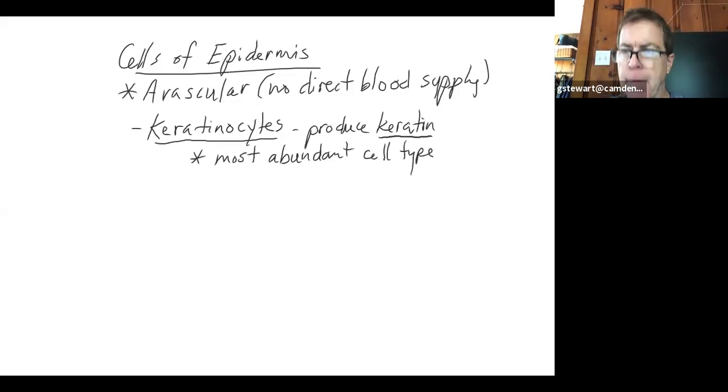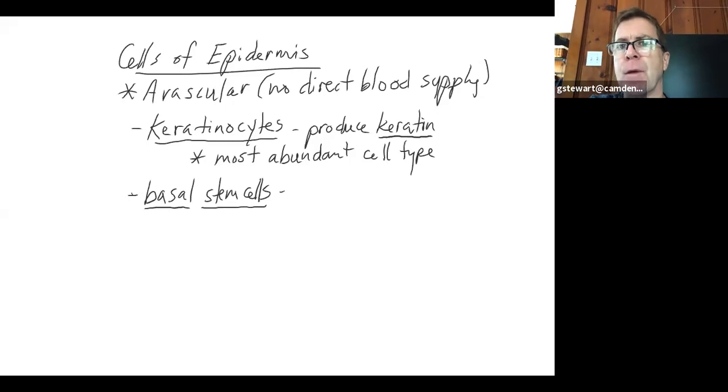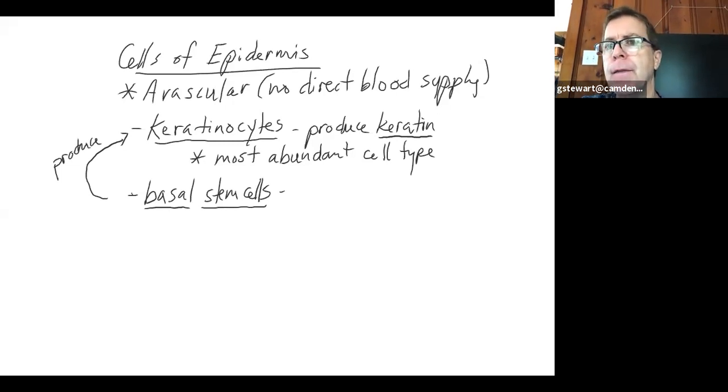Okay. Now, a different cell type, basal stem cells. I'll draw a picture of where all of these are located in a minute. Basal stem cells are actually the stem cells that produce these. So basal stem cells produce keratinocytes, and these are constantly undergoing mitosis.